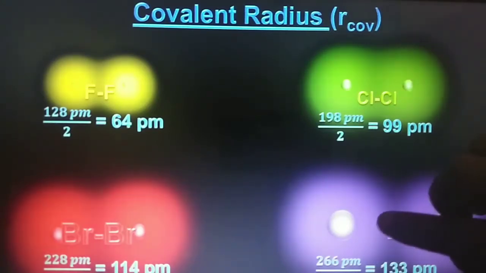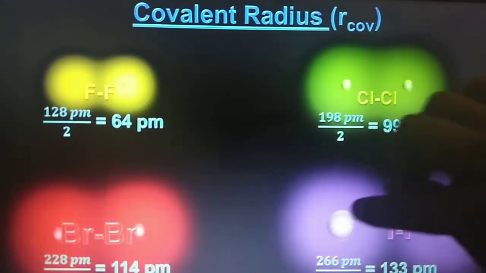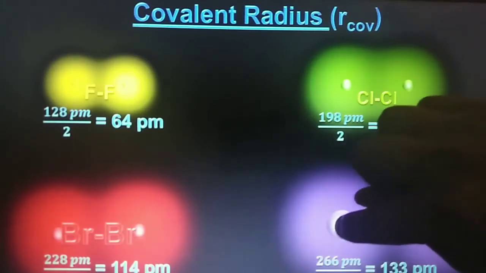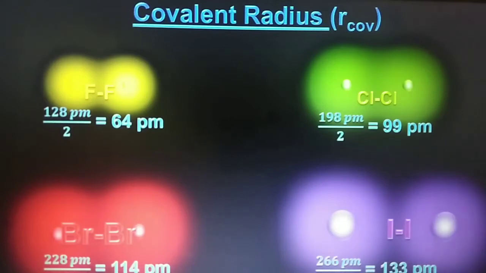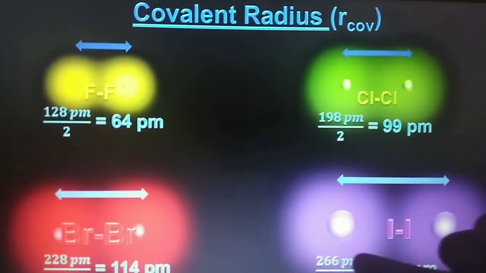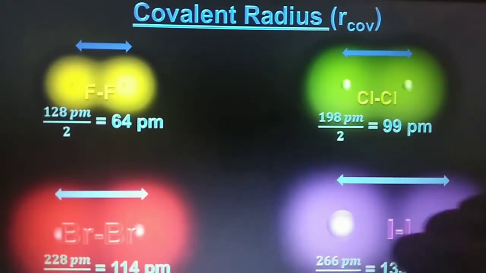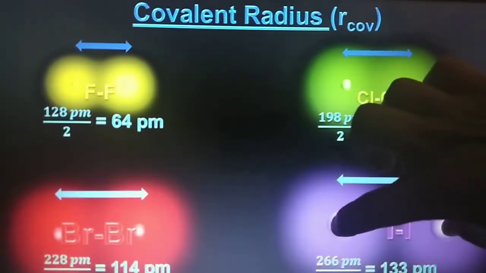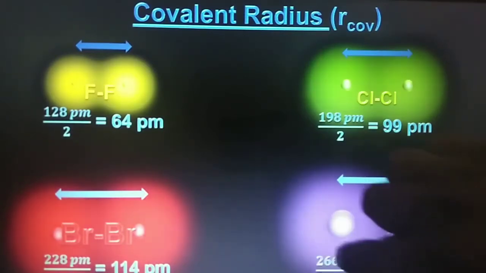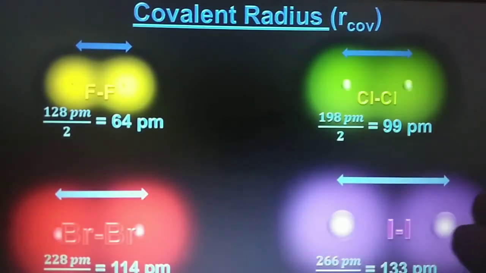And similarly for the iodine molecule, we can observe that the distance between the two nuclei is 266 picometers, right? And when you halve the bond length, we get the approximate value of the atomic radius, right?